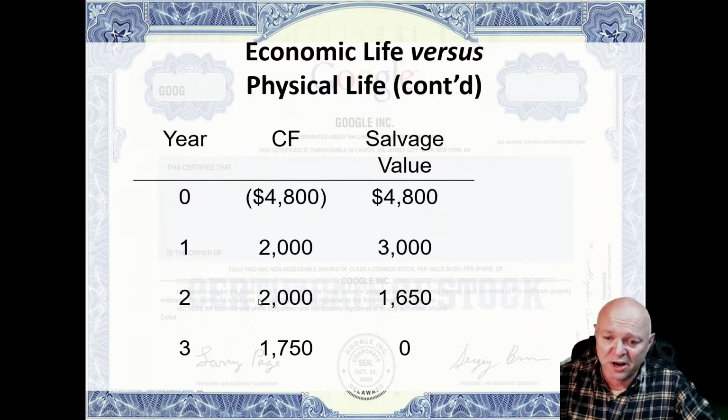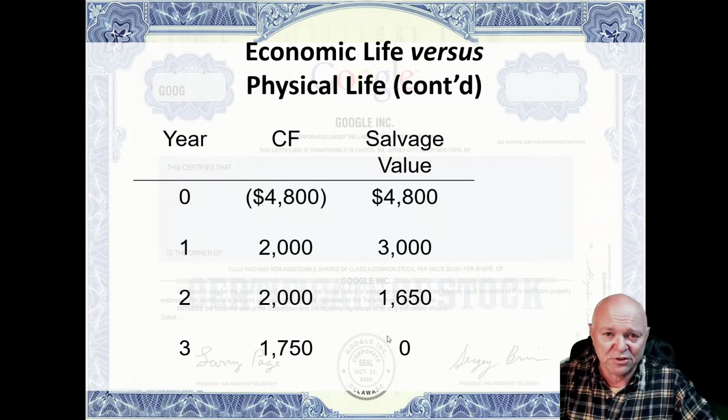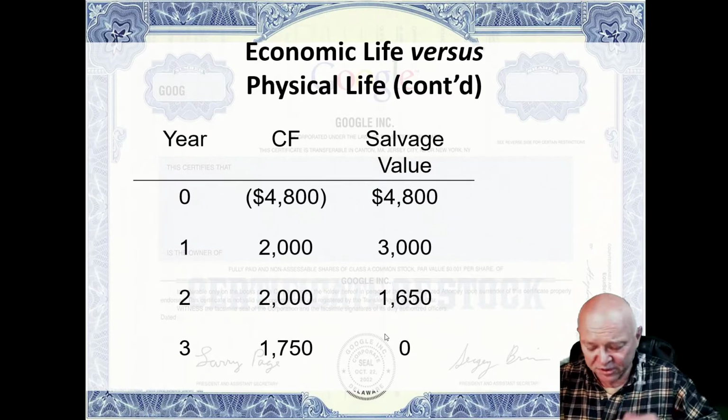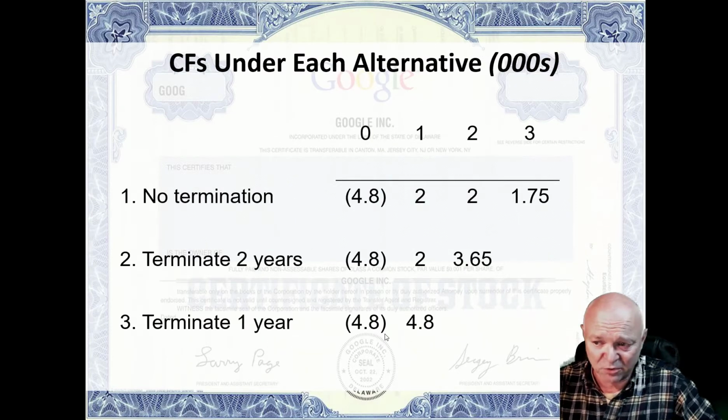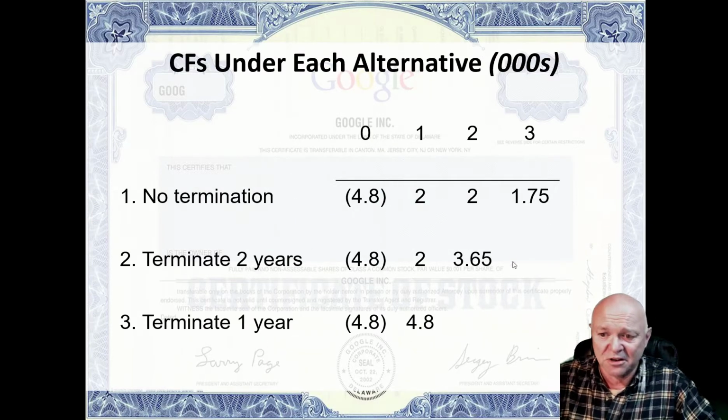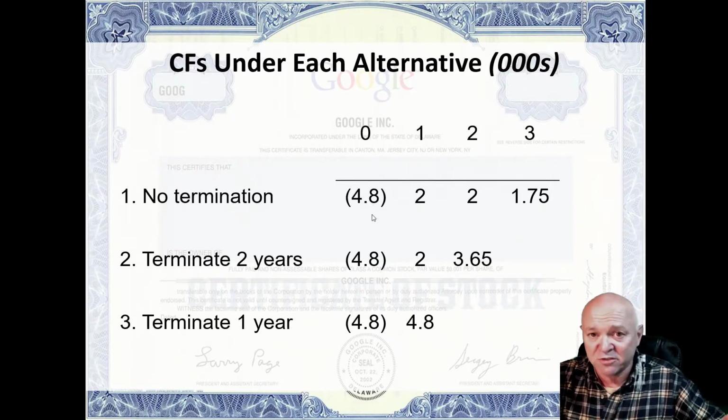If we go the full 3 years, we'll get $2,000, and maybe operate and earn $1,750 in the 3rd year, but with no salvage value. If we plot those, taking a look at the value of the cash flows under these scenarios, with the full 3-year operations, cost $4,800, earn $2,000, and $1,750.